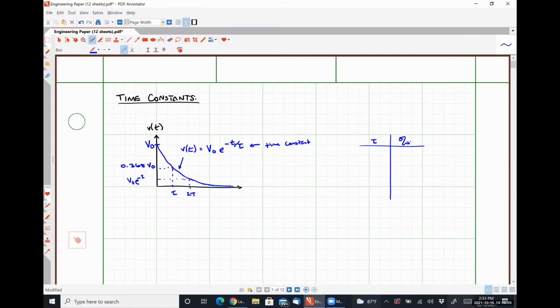So 1 tau is e to the minus 1, is 36.79%. 2 tau is e to the minus 2, which is 13.53%. 3 tau is e to the minus 3.